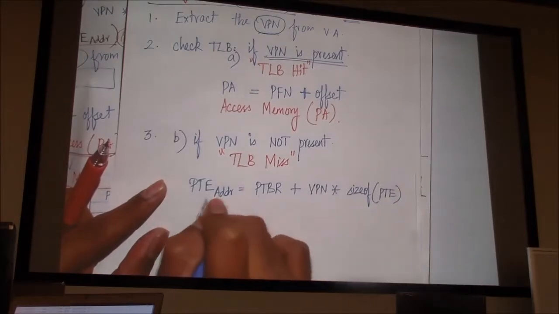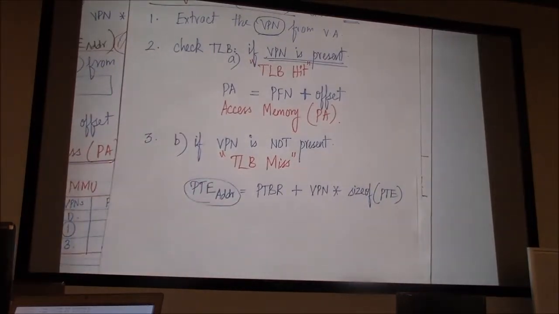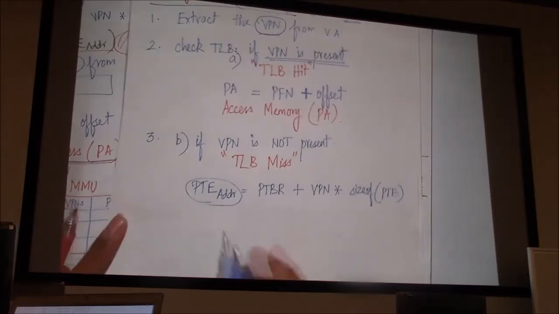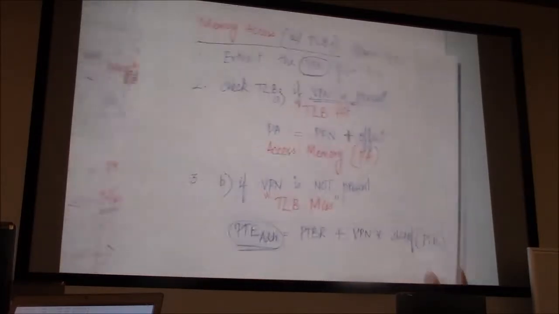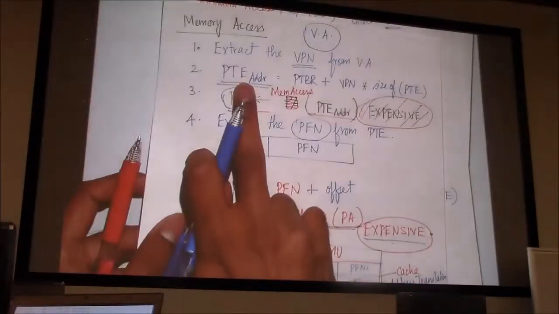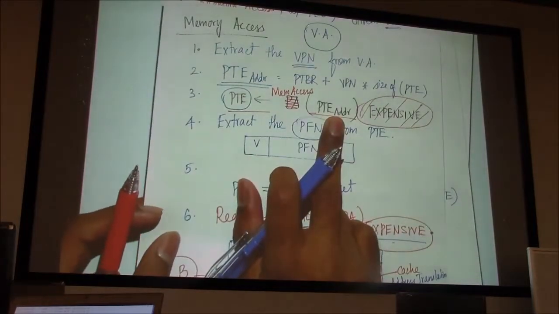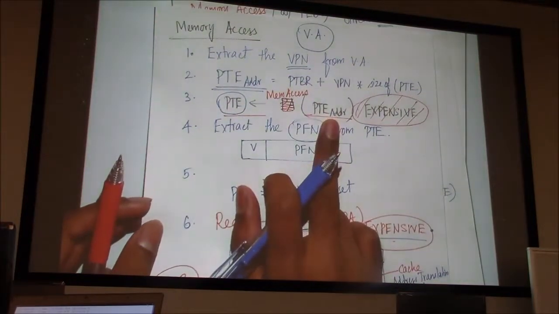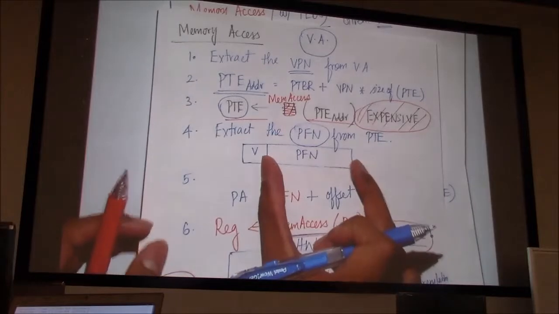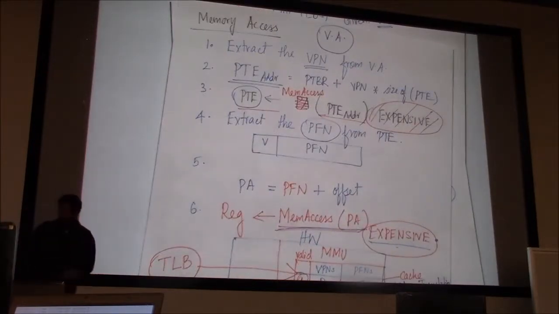Once you do this, you get the page table entry address. Remember what we did here. After we got the page table entry address, we accessed that particular page table entry, and we extracted the PFN from there.